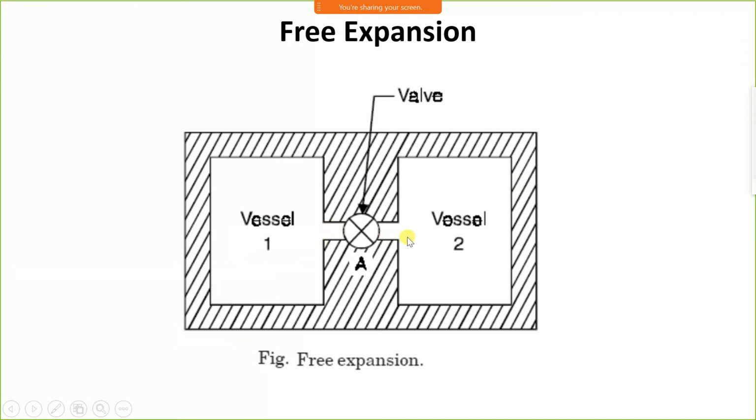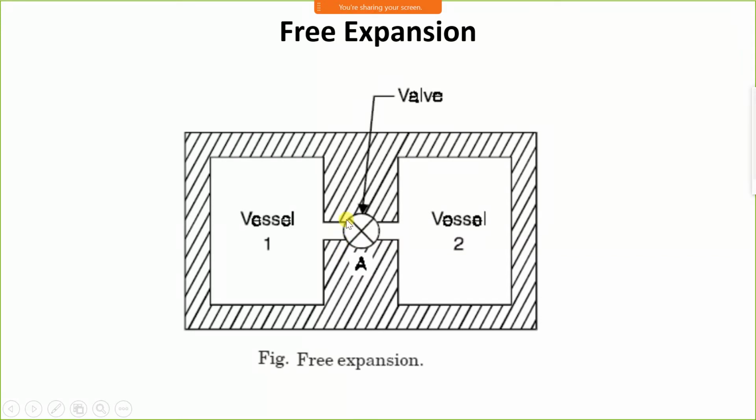It's connected to vessel 2. And in vessel 2 there is nothing. There is a vacuum. No gas at all inside vessel 2. Therefore, it is a vacuum. And between the two vessels, a wall A is placed.